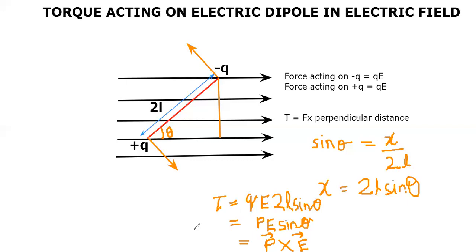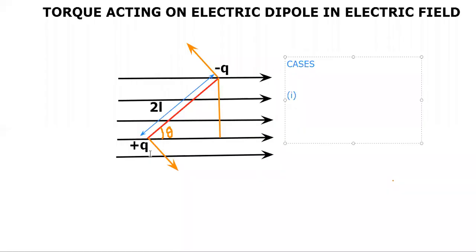Now we are going to discuss a few cases of torque acting on a dipole. The first case is if theta is equal to 0. If theta is equal to 0, torque also becomes 0 because torque is PE sine theta and sine 0 is 0.